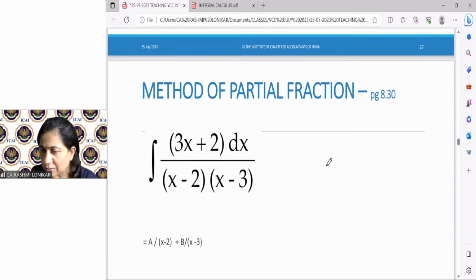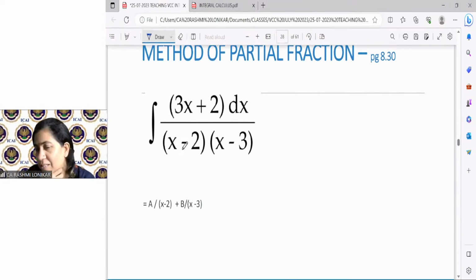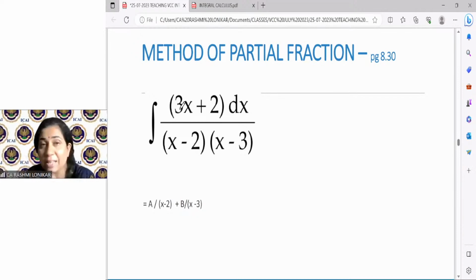Method of partial fractions. When this type of sums are given, where the power in the numerator is less than that of the denominator, I will have to use the partial fraction method. If it is more, then I can use the simple division method.